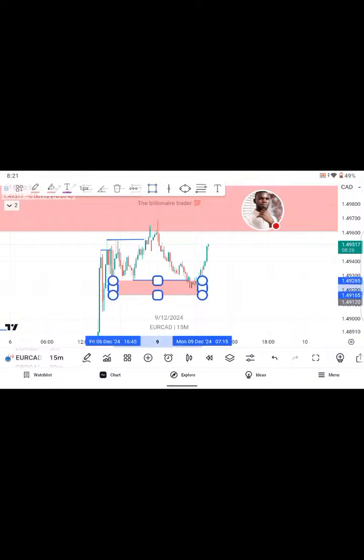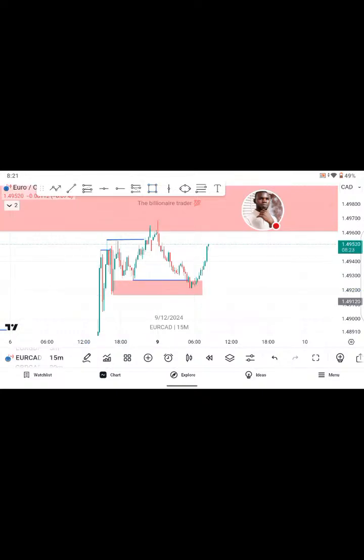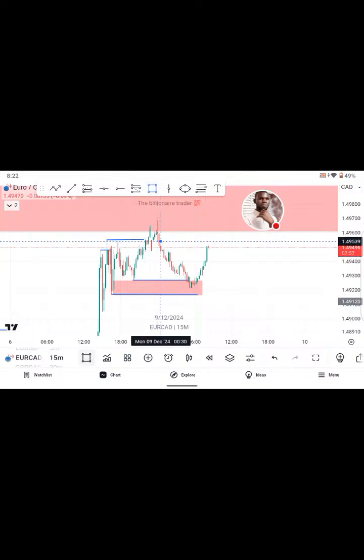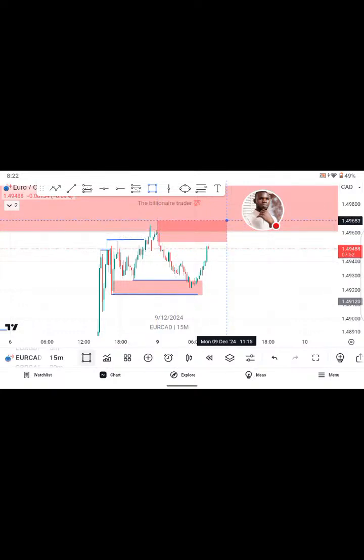So for now, there's no confirmation on this on 15-minute time frame because the last break of structure has not been invalidated. Yeah, this low. This is the last point of mitigation. It hasn't been invalidated. If it had been invalidated, we would have a change of character showing that you can actually pick a sell from this area, but it has not been invalidated. This can actually show that taking this sell is very risky.